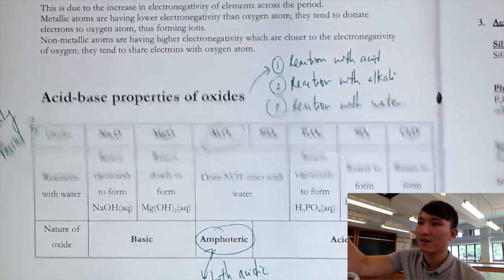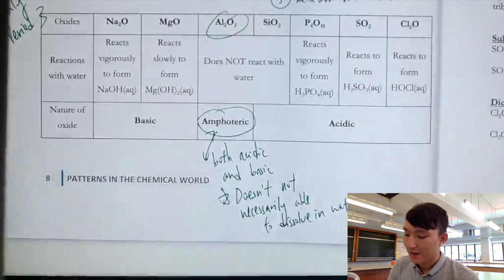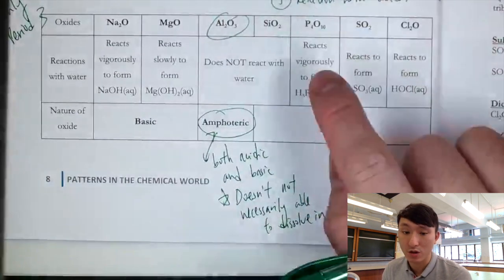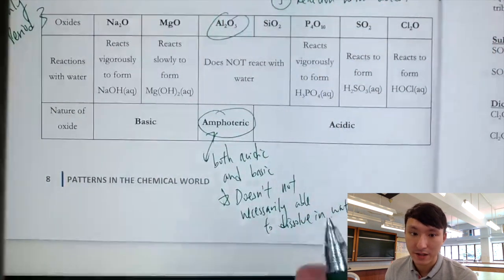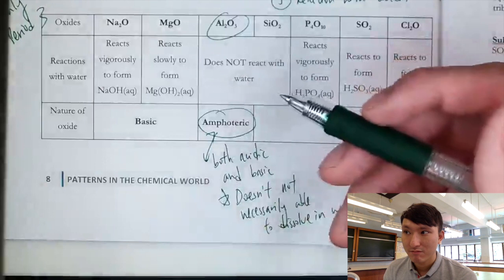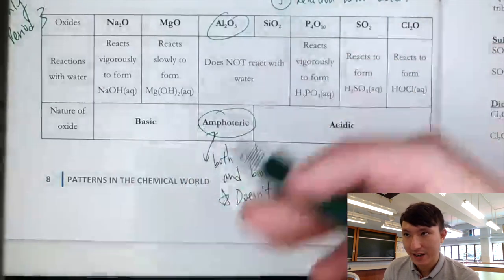Aluminium oxide is insoluble in water, but it can react with acid and it can also react with a base. When it reacts with an acid, it is acting as a base. When it reacts with a base, it is acting as an acid.